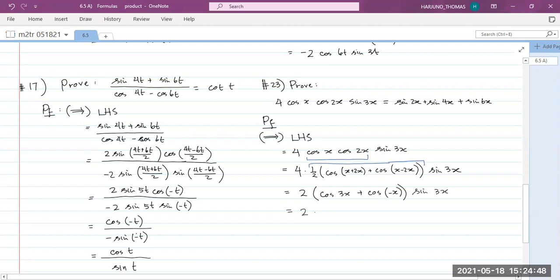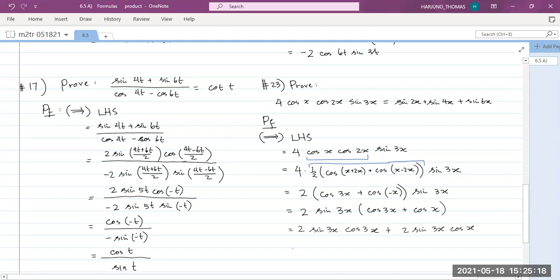So this is 2 sine 3x, I write the sine 3x first, times cosine 3x plus cosine x. Then I will distribute: 2 sine 3x cosine 3x plus 2 sine 3x cosine x.